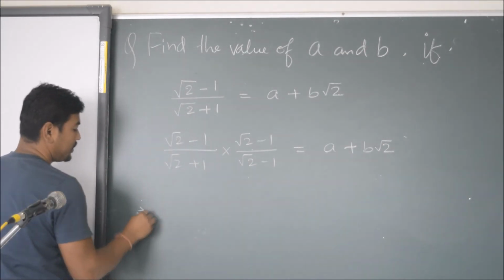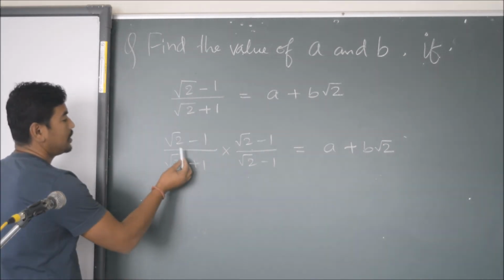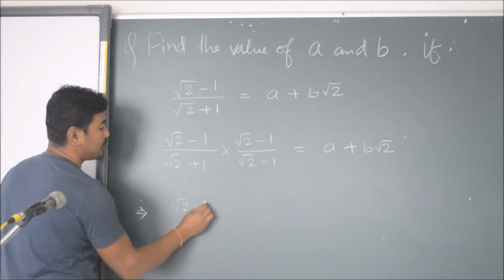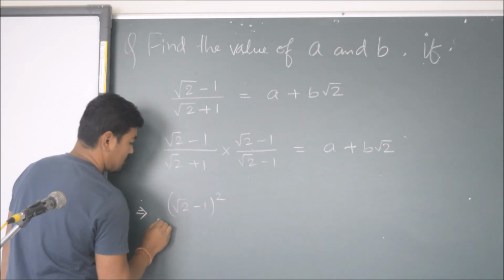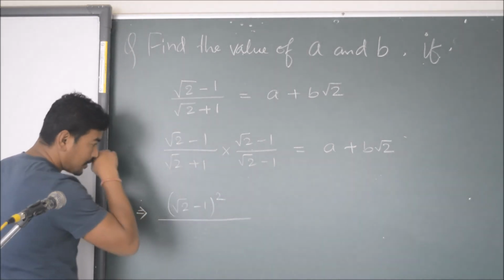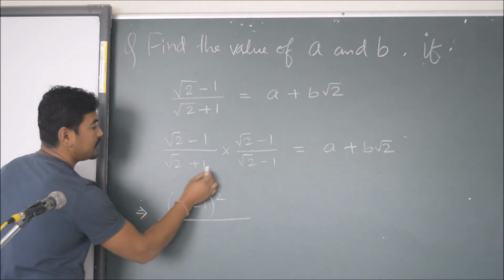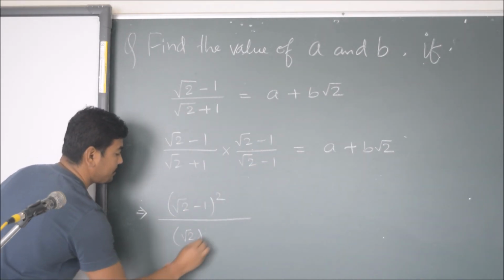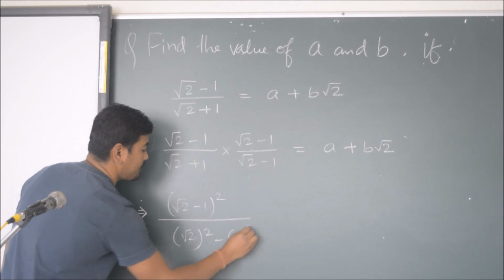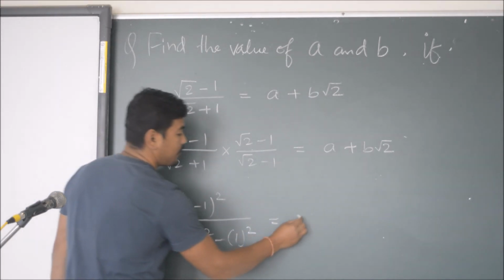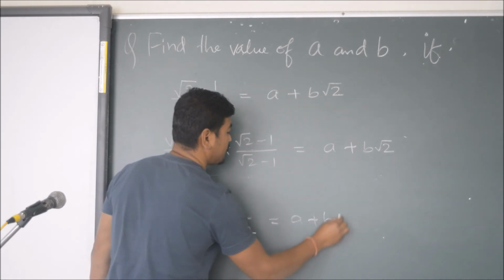On further simplification, root 2 minus 1 times root 2 minus 1 will be root 2 minus 1 whole square over, in the denominator we will use the identity a plus b times a minus b, which is a square minus b square, that is root 2 square minus 1 square, equals a plus b root 2.